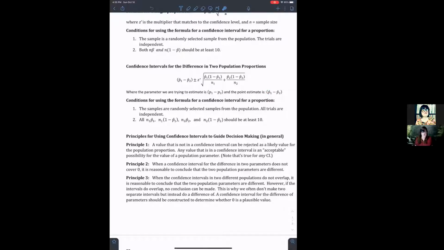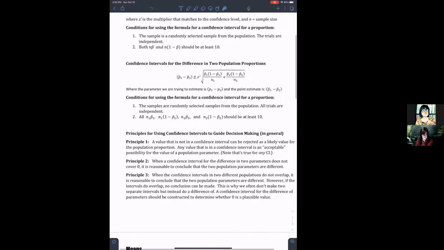So what you're going to do is go out and sample one population and sample a second population. Now notice, because I have an N1 and an N2, those are my sample sizes. My sample sizes actually do not need to be the same for this. But all of the conditions that we had for a single proportion are the same.